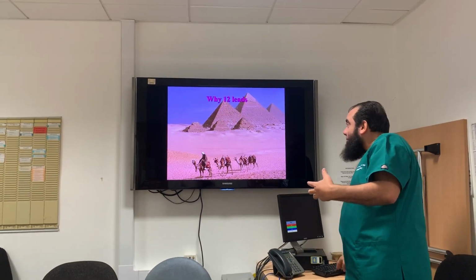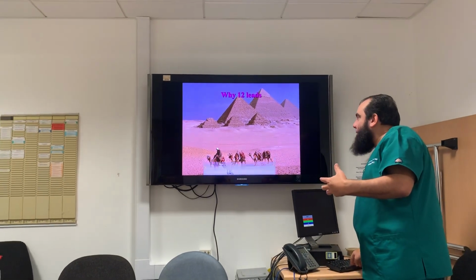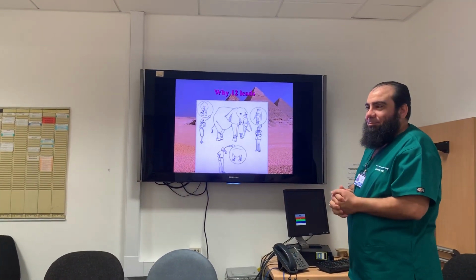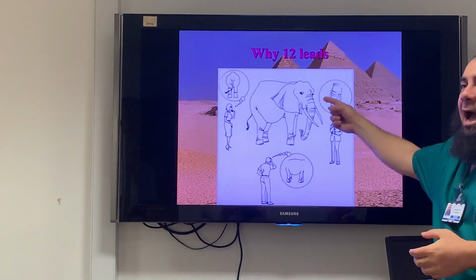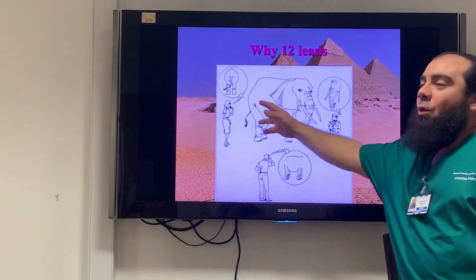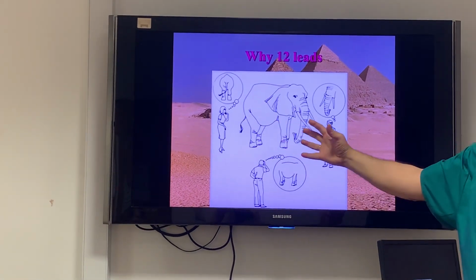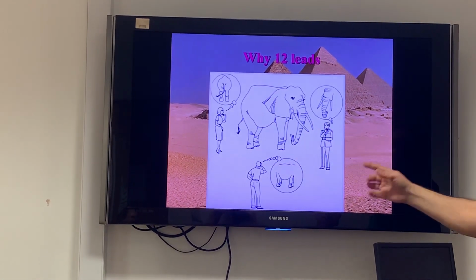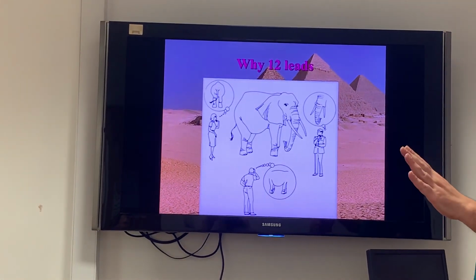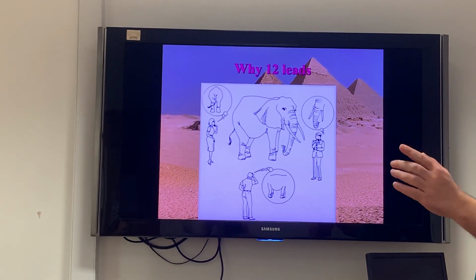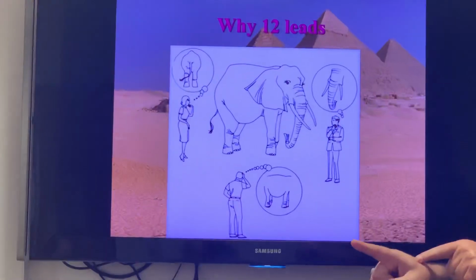So, why 12 leads? Simple. If I look only at his face, I will never expect how big his body is, and I will never expect how small his tail is. You cannot imagine it. A big body with an elephant tail?